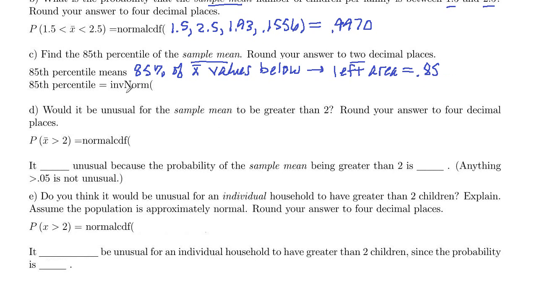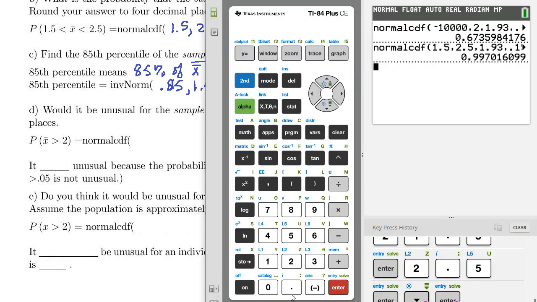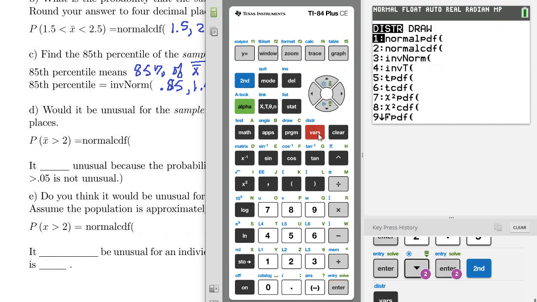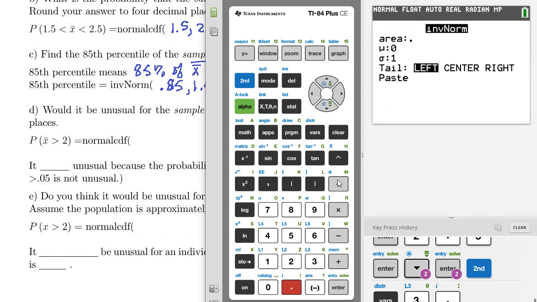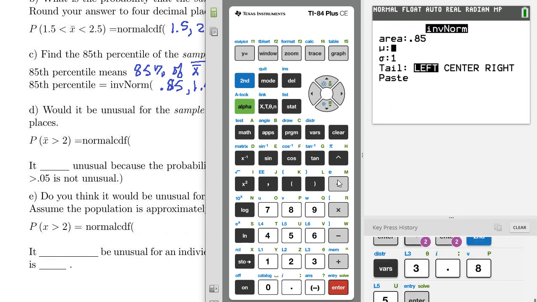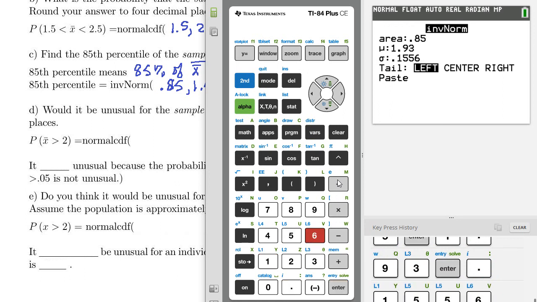So to do that, we're going to use inverse norm. So our left area is 0.85. And then we need our mean of 1.93 and our standard deviation of 0.1556 because we're dealing with x bar values. So let's key that in. So we go to second variables, want inverse norm, which is number 3, area 0.85, mu is 1.93, and sigma 0.1556.